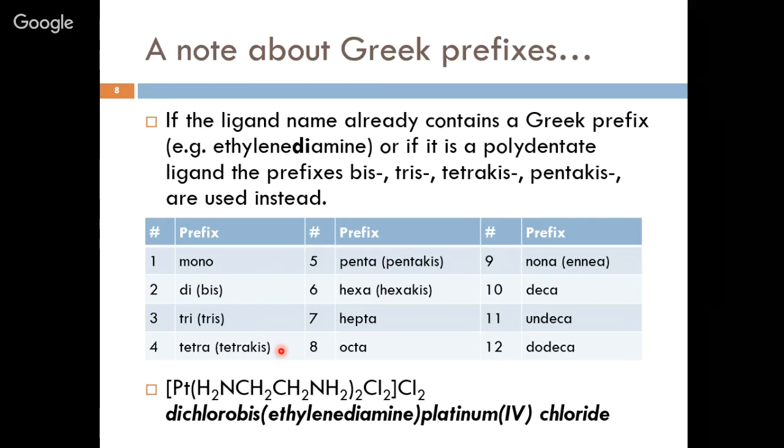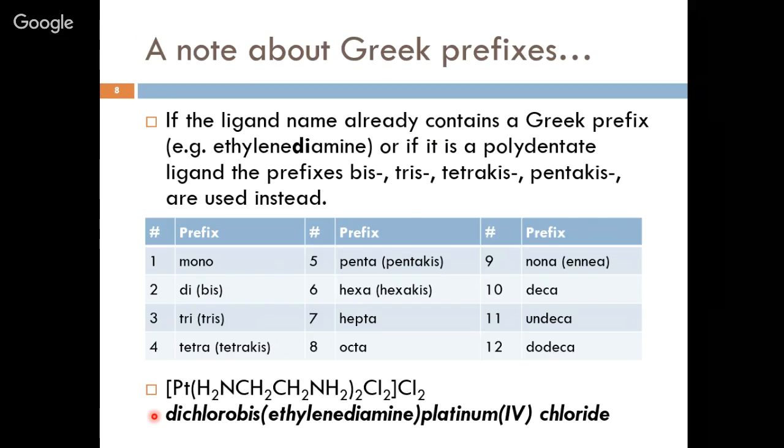And polydentate ligands, we also use these. If we had 2 ethylene diamine ligands, instead of using di again, which might be confusing, we use bis. So it would be bis-ethylene diamine if we had 2 of them. There's a particular example down here for this platinum complex, chloro bis-ethylene diamine platinum 4 chloride.